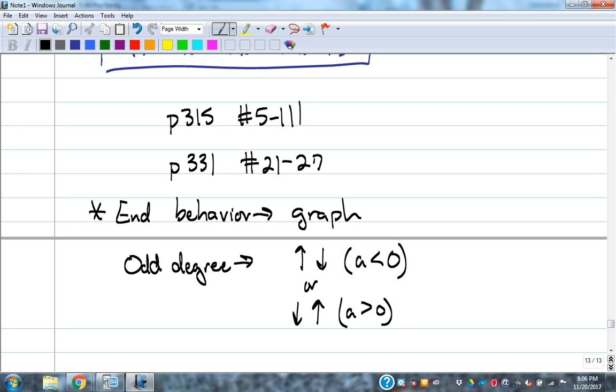If it's an even degree, they're both going to go up if A is positive, or they're both going to go down if A is negative.